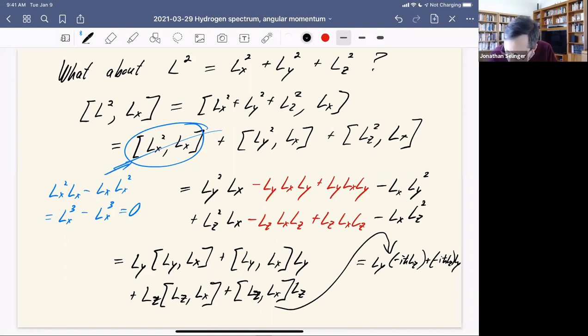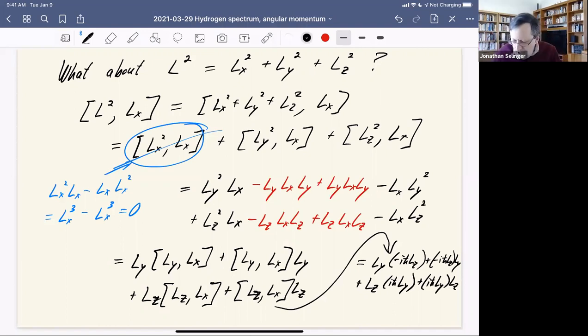And then on the second line, plus Lz times i h bar Ly, plus i h bar Ly times Lz.